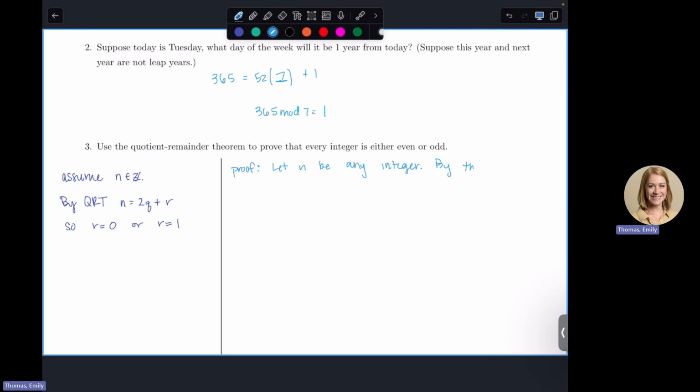By the quotient remainder theorem, we have n is equal to 2q plus r for some unique integers r and q. Further, r is equal to 0 or r is equal to 1.